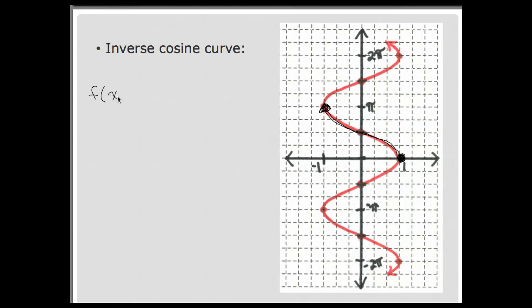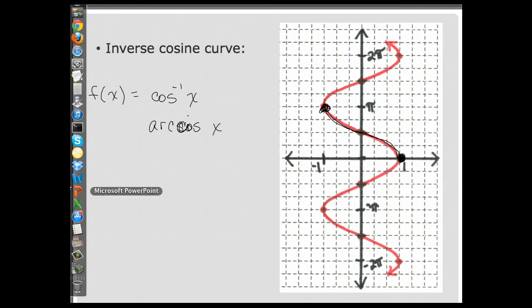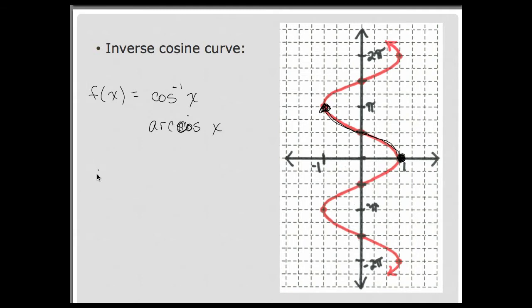The way in which we represent this function, as your calculator does it, is cosine inverse, or inverse cosine, that's how we would read that. In terms of the arc function we talked about with the sine curve, it would be arc cosine of x. So notice the domain and range of this. The domain for the x's, once again, is -1 to +1, inclusive.